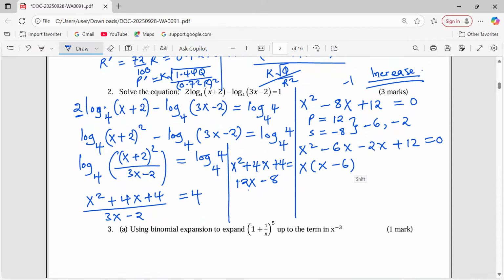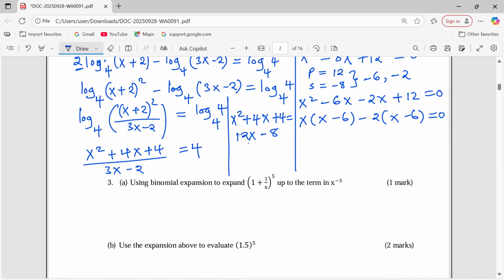Then we factor -2 to remain with x and -6 equals to 0. So x minus 6 from the brackets, and outside the brackets we have x minus 2 equals to 0.